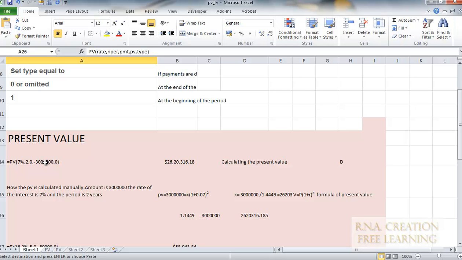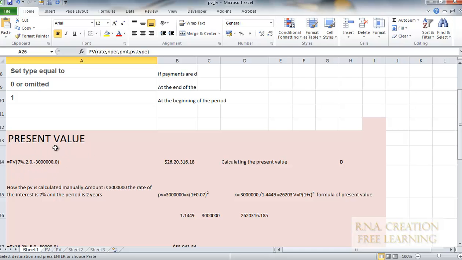Let's say here is $300,000 of the amount. Here I have calculated for 7%. I am not breaking it up because I am directly calculating, not calculating the per month loan.